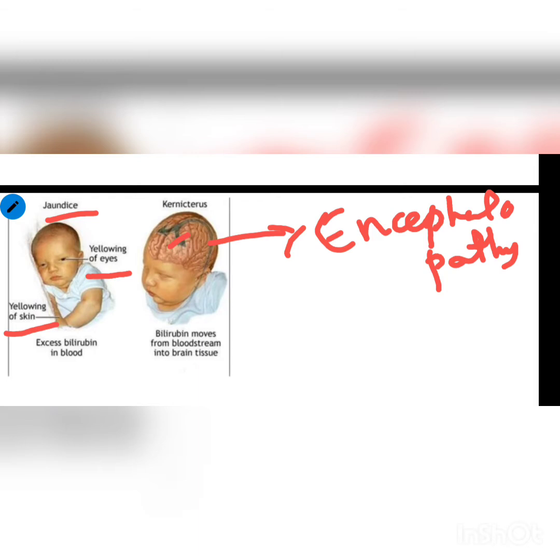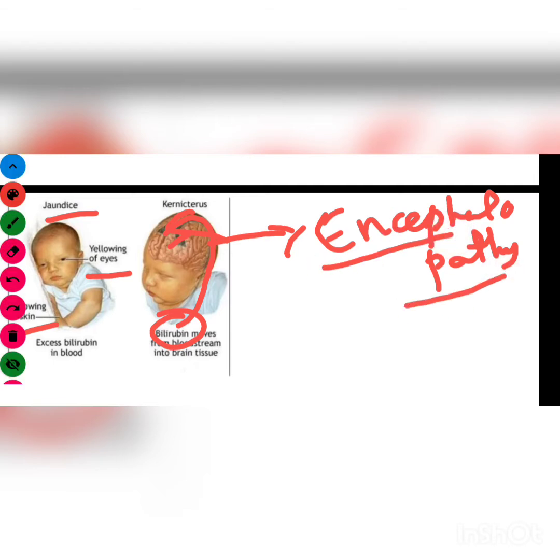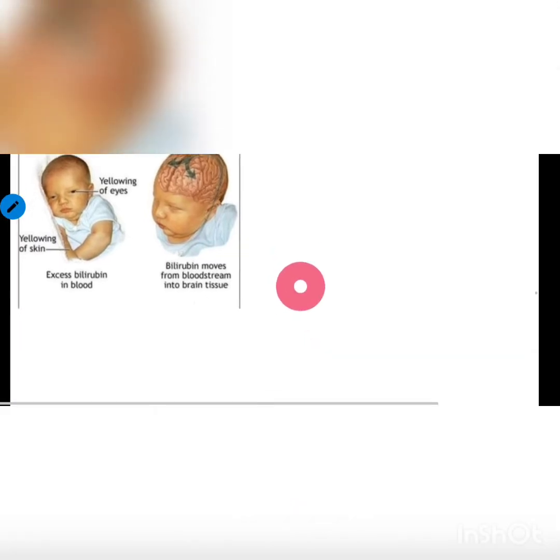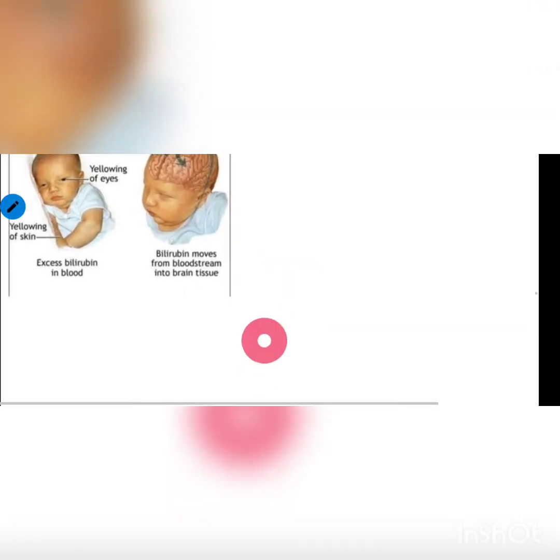And this bilirubin can get into the brain. That's why I already said that it can cause encephalopathy. We call the encephalopathy in children kernicterus.